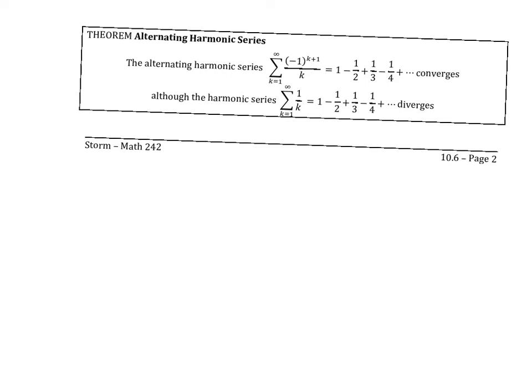The reason is that when you look at alternating series, remember you're adding and subtracting numbers. So because of all that subtraction, you're reducing your sum. So you could have a non-alternating series that diverges, such as the harmonic series, and once you make it alternating, it actually does converge.